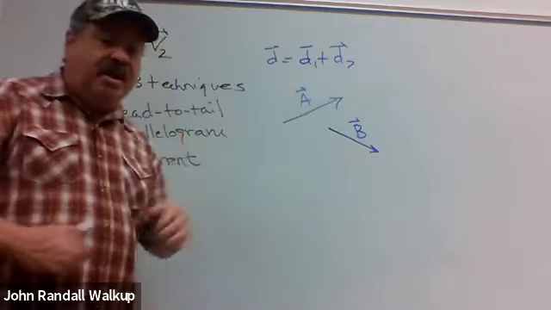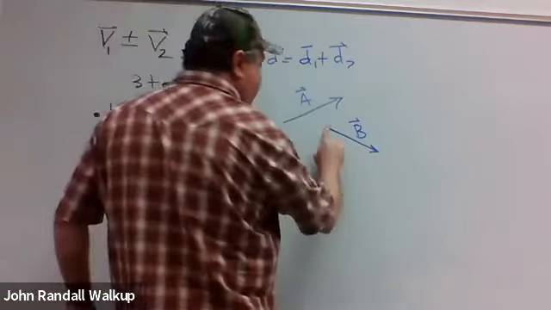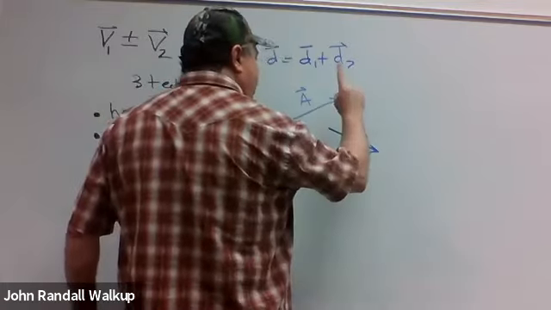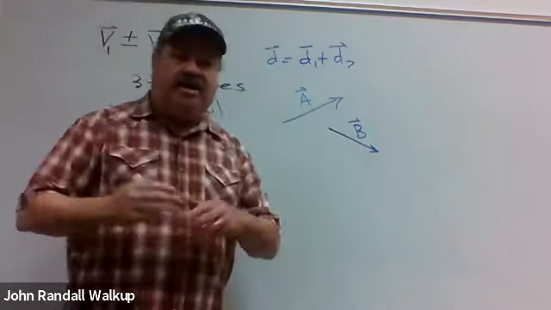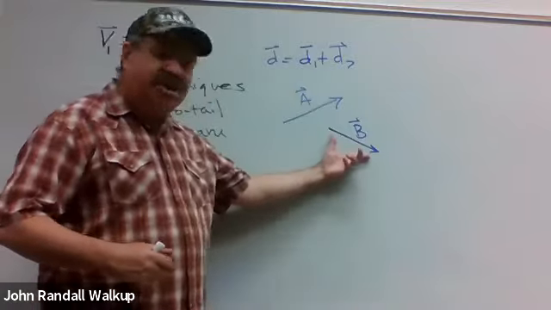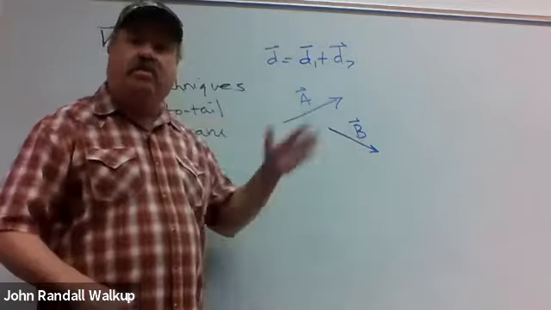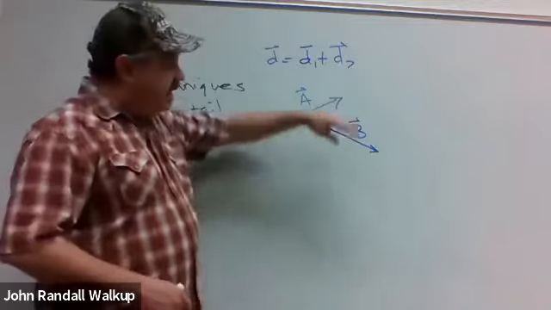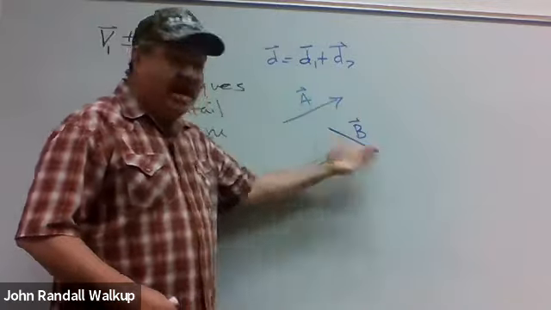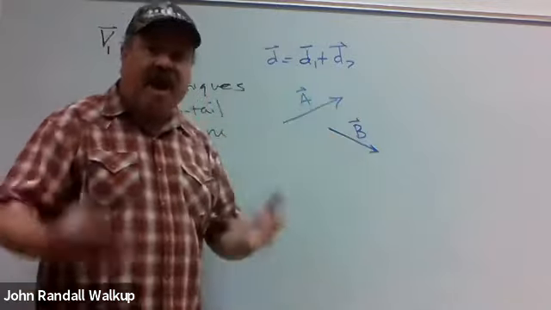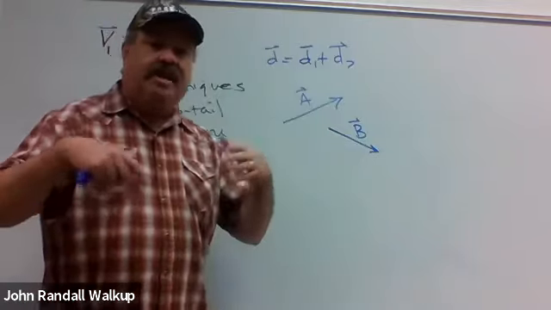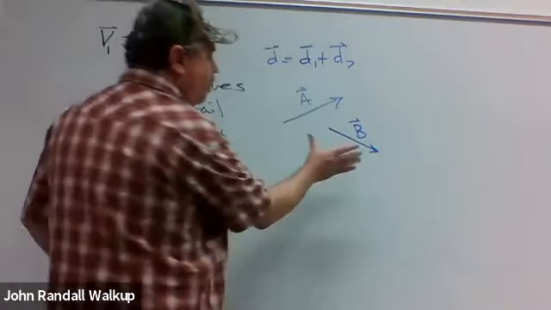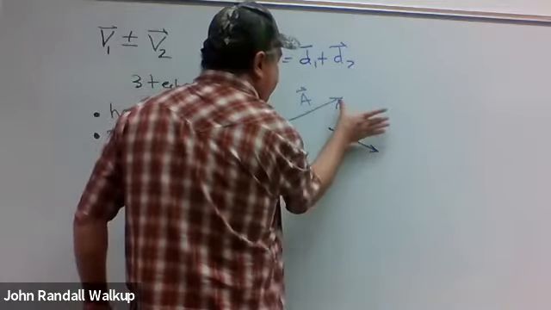The head to tail method says attach the tail of this one to the head of that one. But remember, as long as I maintain the direction of B and its length, I can move it anywhere I want because its length and its direction define the vector. If I don't change either one of them, I'm keeping the same vector. So what I'm going to do is move my vector up to here.